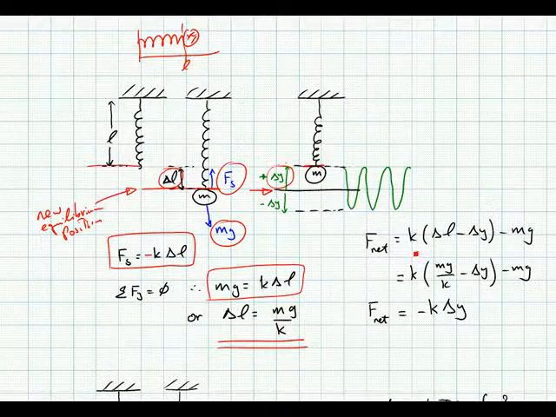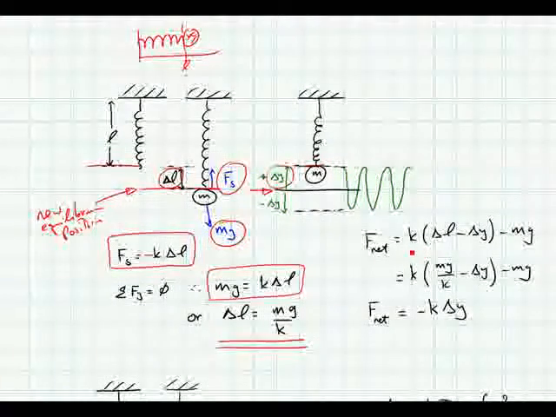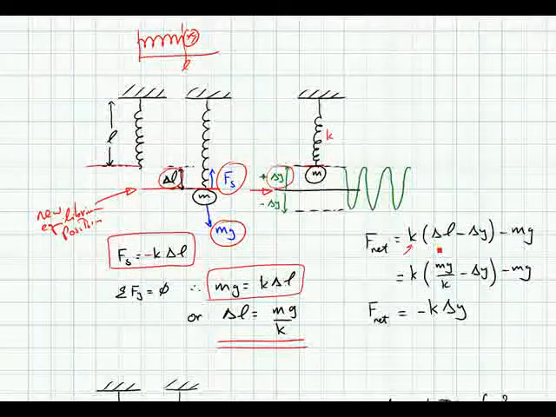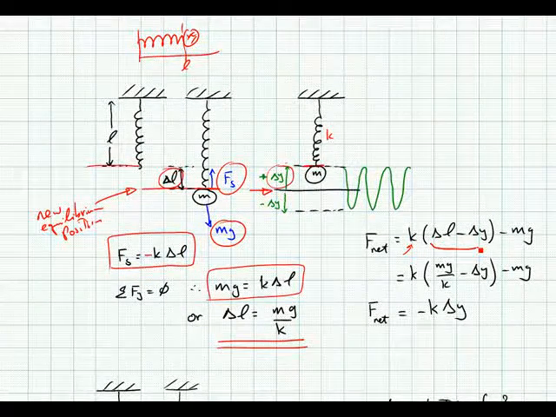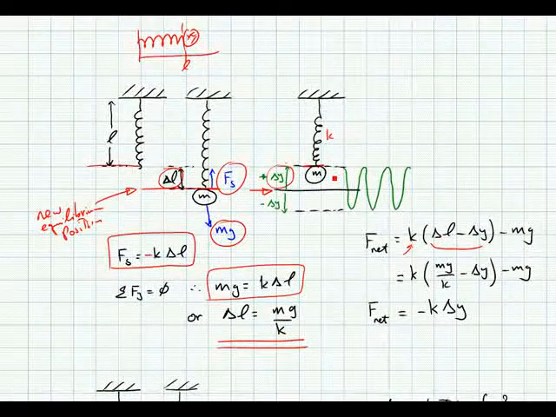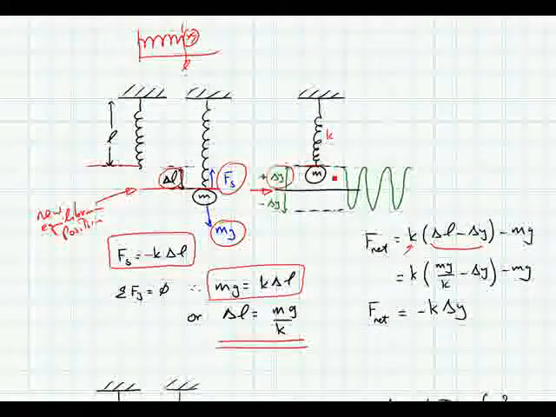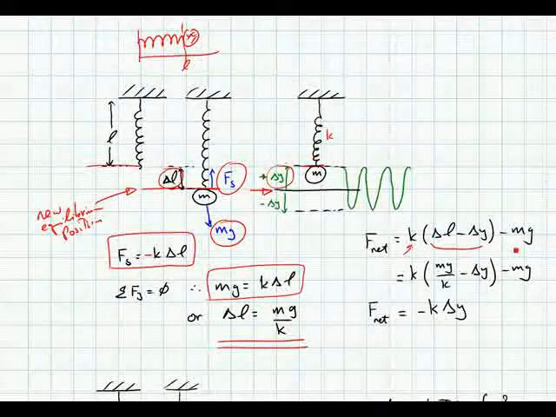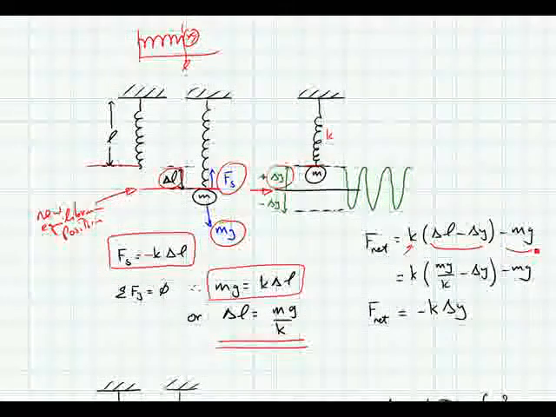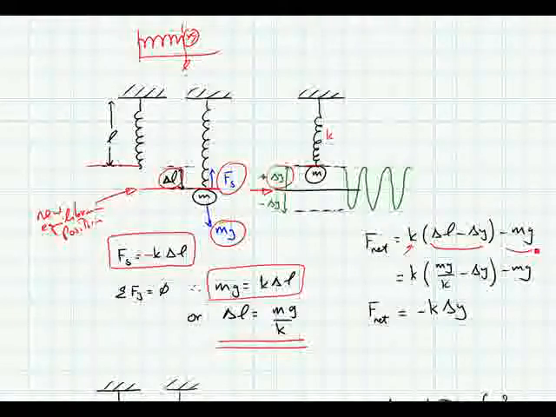According to Hooke's law, the net force is K, the spring constant, into delta L minus delta y, which is the extension of the spring. The spring force is upwards, so this force is positive, and mg, the force is downwards, therefore it's negative. So the net force on the bob is K into delta L minus delta y, minus mg.